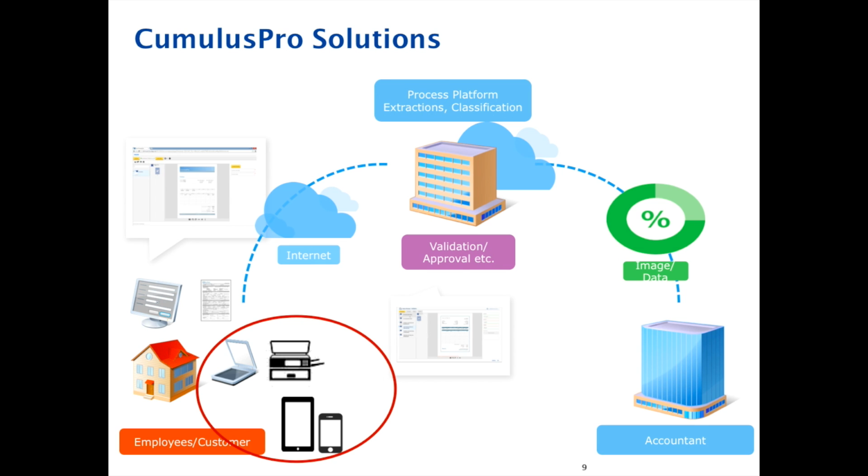So again, focus is on interaction between the clients and the supplier. And this can just be a simple transfer of document from A to B, or it can come with some processing in between.